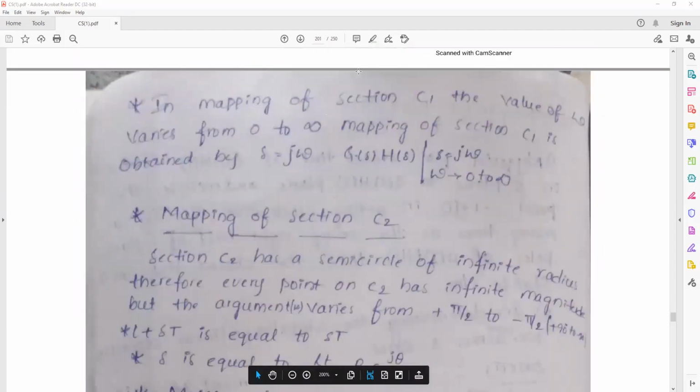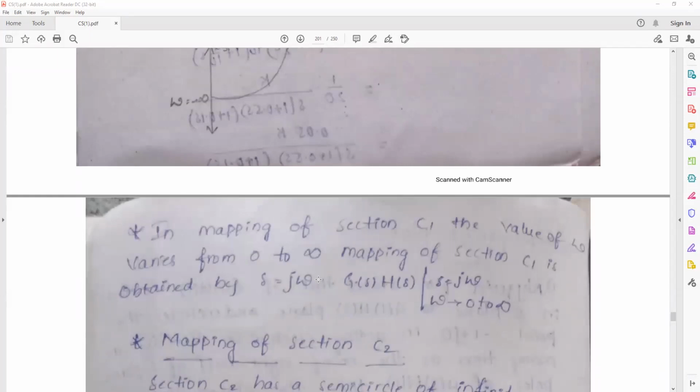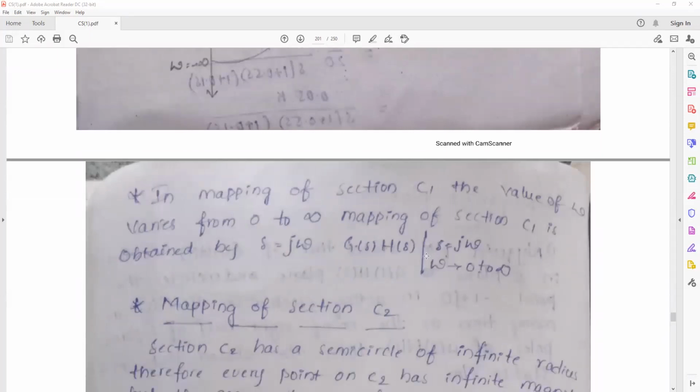So in the mapping of section C1, the value of omega varies from 0 to infinity. The mapping of section C1 is obtained by S equal to j omega. So G of S, H of S with S equal to j omega, and omega tends from 0 to infinity. Okay, so in this mapping of section C1, look at three main points. The first main point is omega varies from 0 to infinity, and S is j omega.